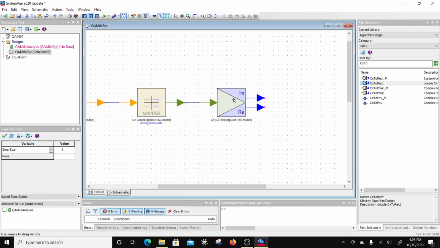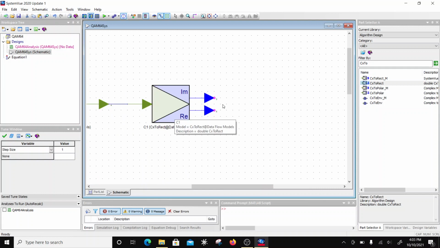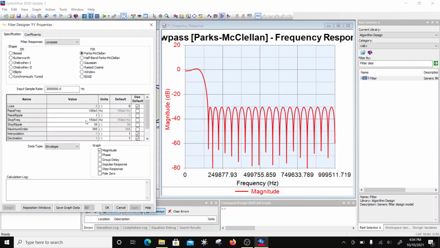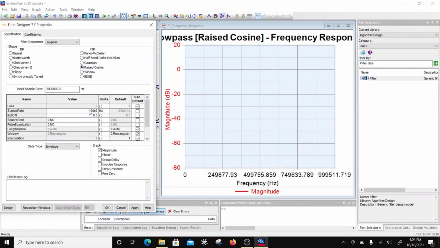It will give you I and Q channels, and then I need a filter, so I'm going to design a filter. That's the filter designer. I'll double click this, and I have a raised cosine filter.